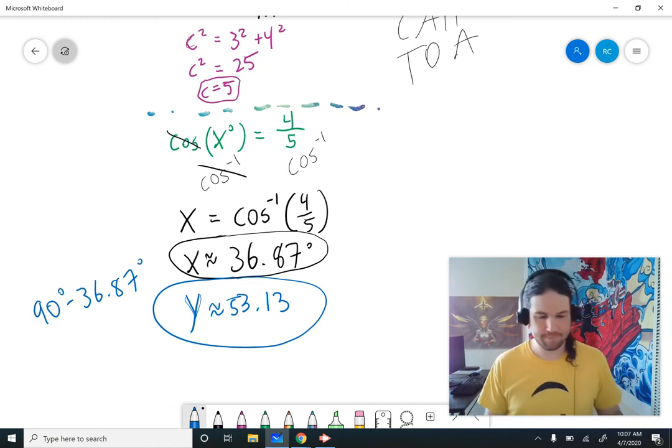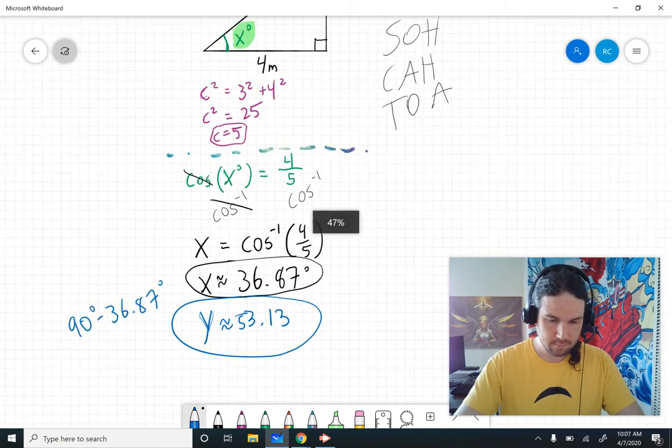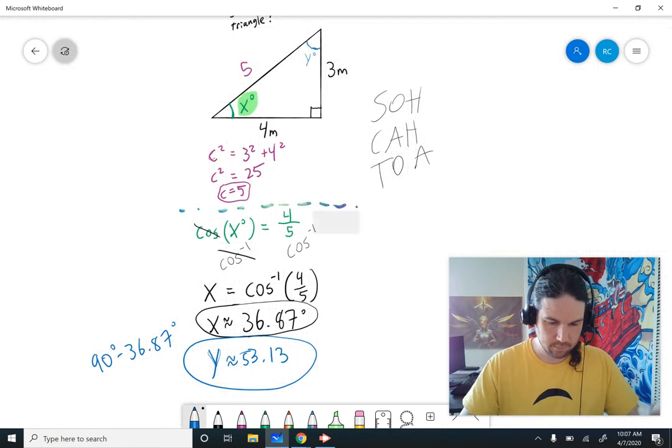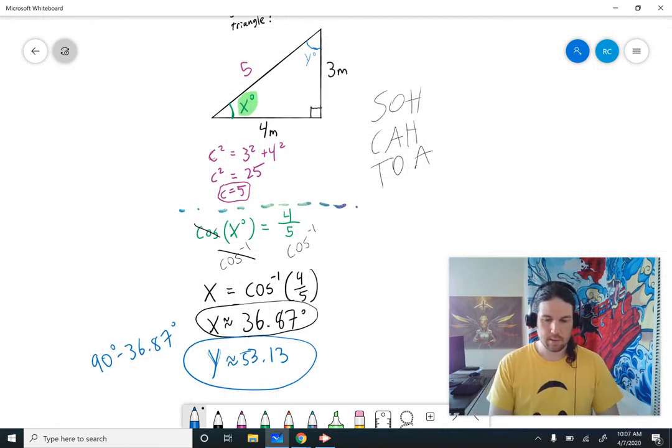Showing my work messily and off to the side. You shouldn't do that. So there's an example that involves having to solve for an angle using arc cosine.